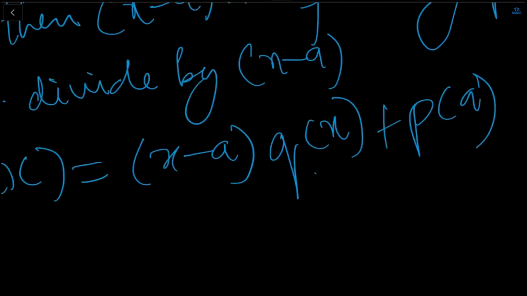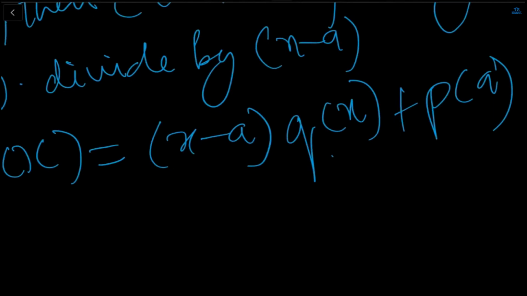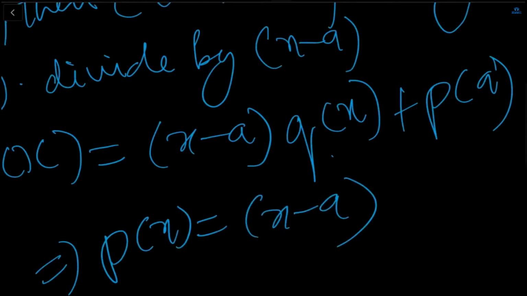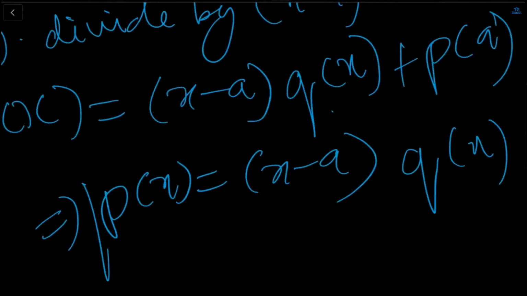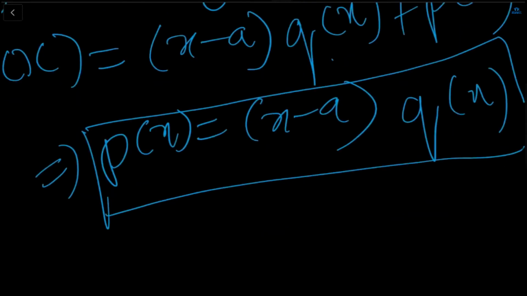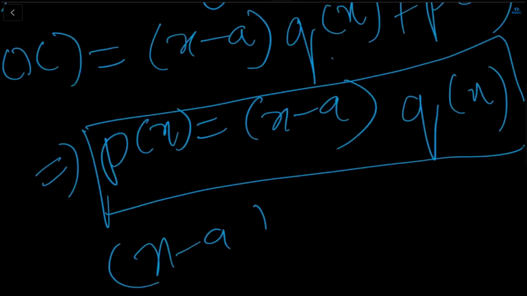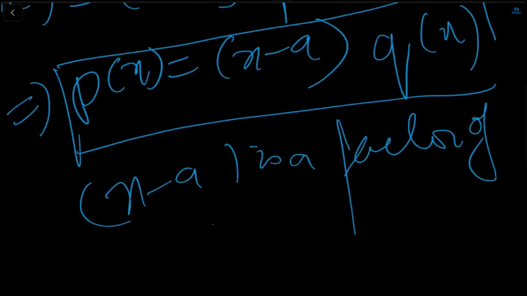Now since it is given in the question that p(a) is equal to 0, that implies p(x) is equal to (x minus a) q(x). From this statement, you can say that x minus a is a factor of p(x). Understood?